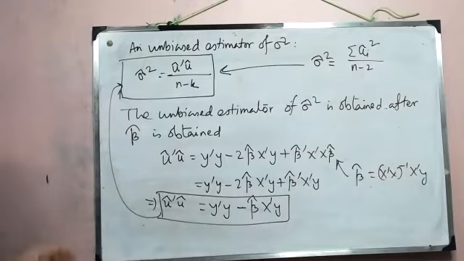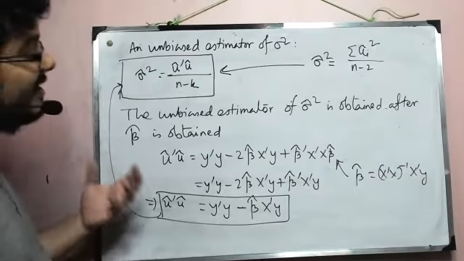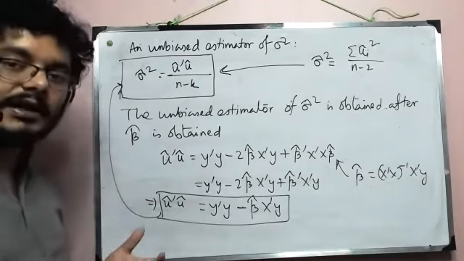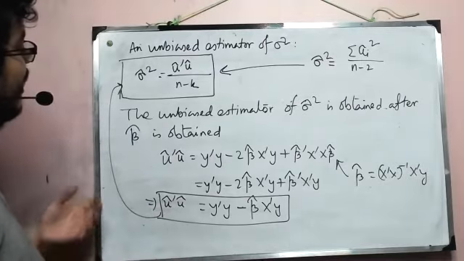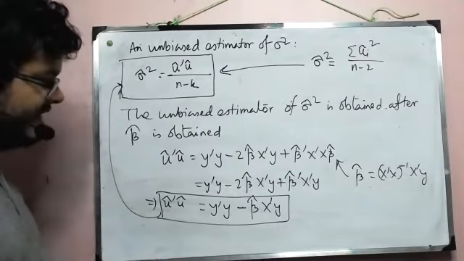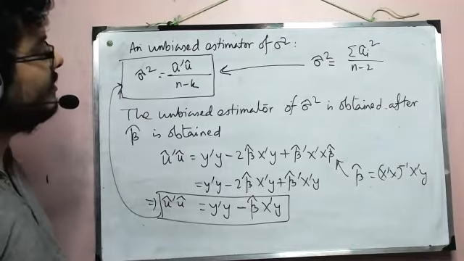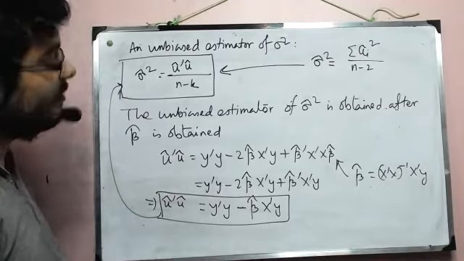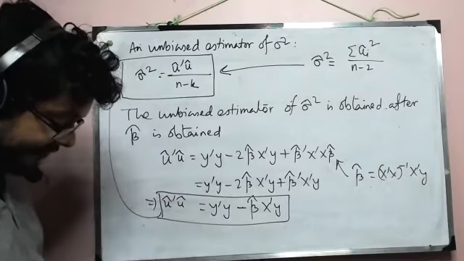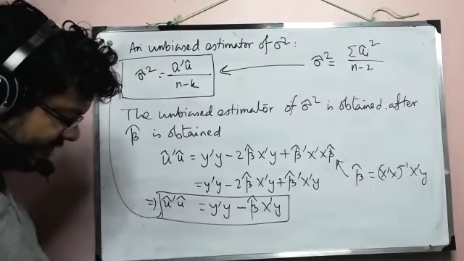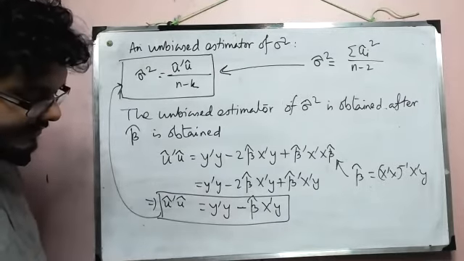So that's why error variance is only obtainable after I have beta hat with me and I have found the estimated y's. That's quite natural. Anyways, so now we'll go to R square.